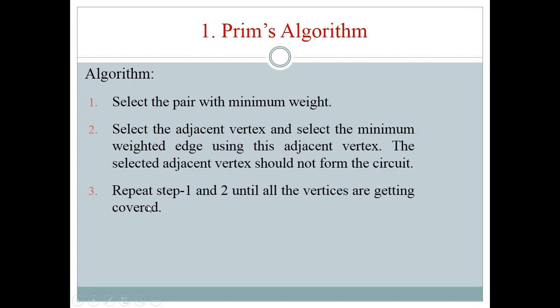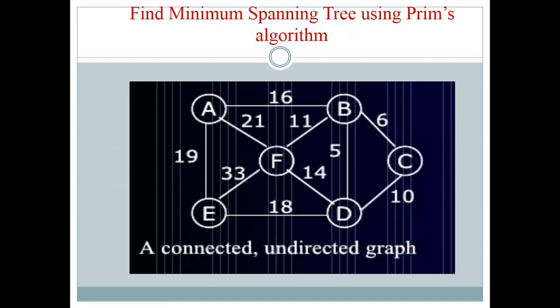Okay, so let's understand that by an example. This is an example of Prim's algorithm. In it we have a graph with a total of 6 vertices, A, B, C, D, E and F, connected with different edges.